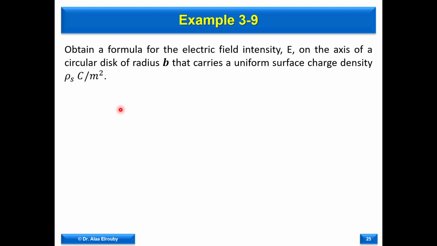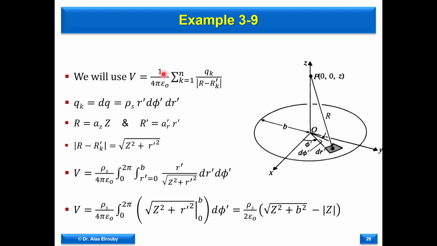The first thing we think about is drawing a sketch of the problem, and second, choosing the coordinate system. Here we have a disk, so we would go with a cylindrical coordinate system. This is the sketch of the problem. We have a disk, and we can put this disk on the xy plane.